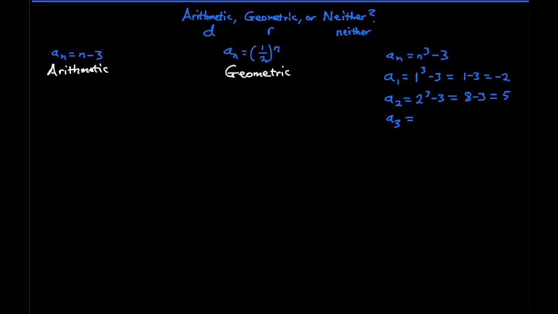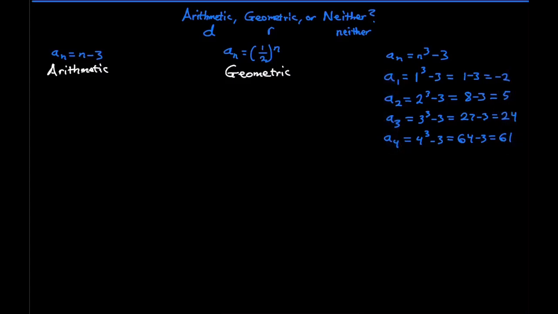You put the 3 where the n is. This is 27 minus 3, which is 24. Then you start over to find the 4th term. You put the 4 where the n is. This is 64 minus 3. Now we have our 4 terms.